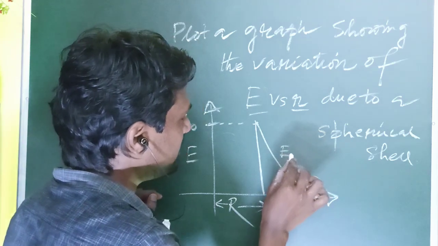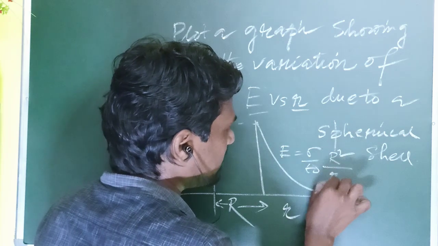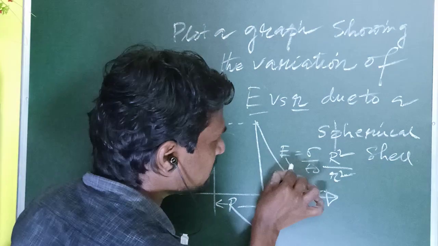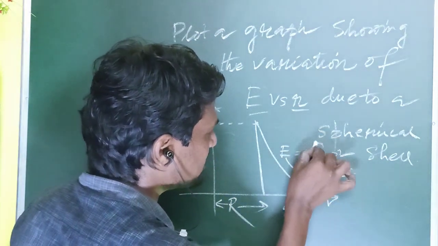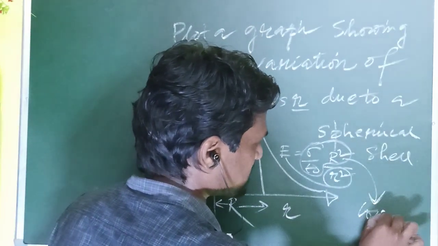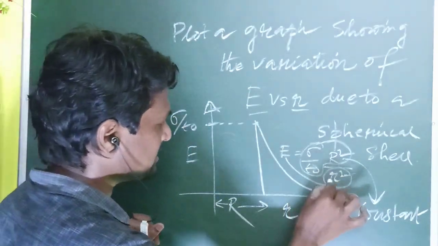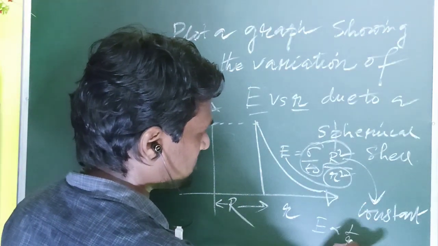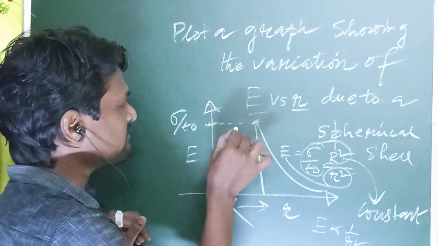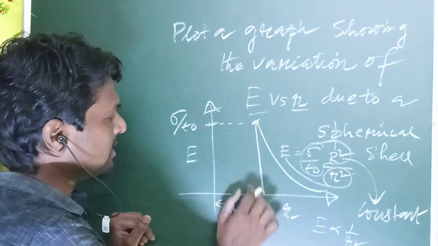Then the electric field is a function: electric field equals sigma by epsilon naught times capital R squared by small r squared. Since sigma, epsilon naught and capital R are constants, this value is constant. So the electric field is inversely proportional to r squared, and on the sphere it is sigma by epsilon naught, a fixed value. Within the sphere, it is 0.